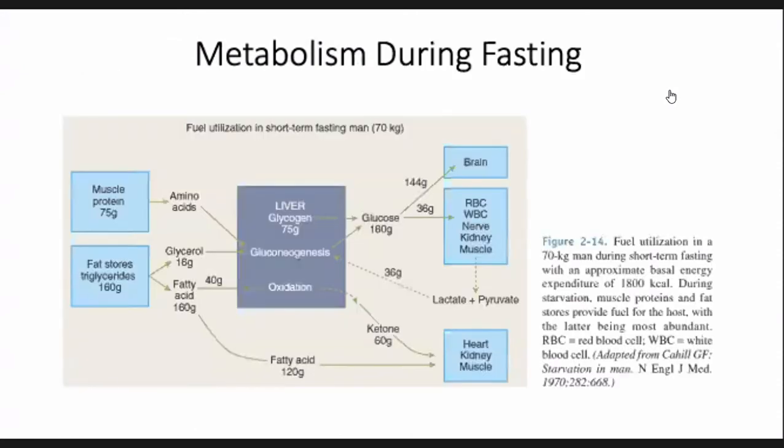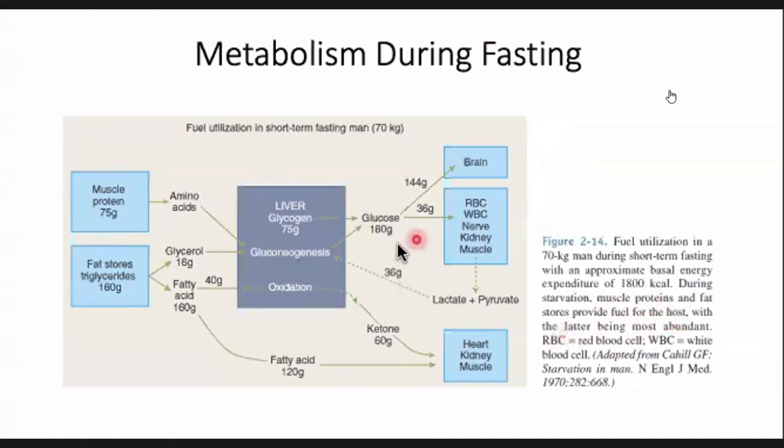So, metabolism during fasting. This is also a table lifted from Schwartz, depicting fuel utilization in a 70 kilogram man during short-term fasting with an approximate BEE of 1.8 kcal.